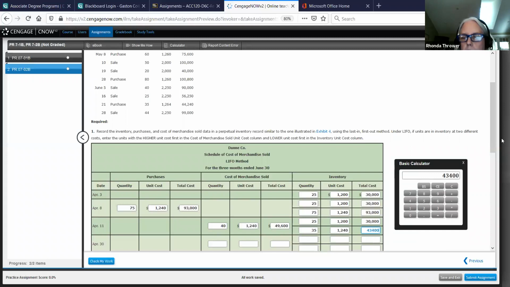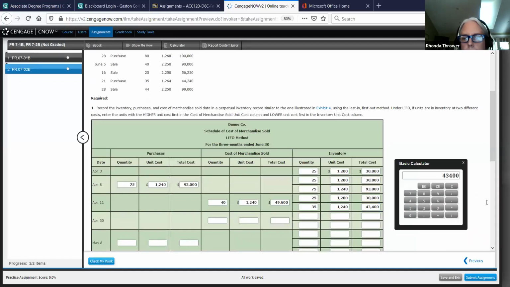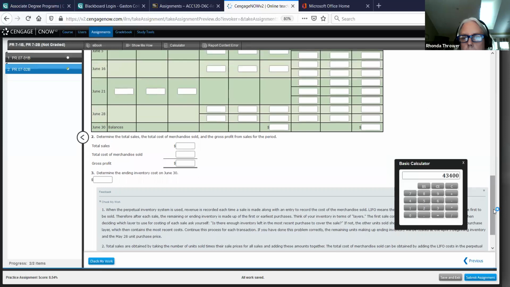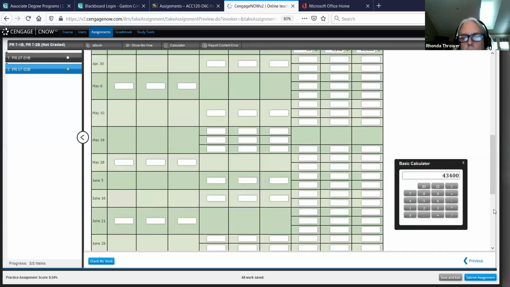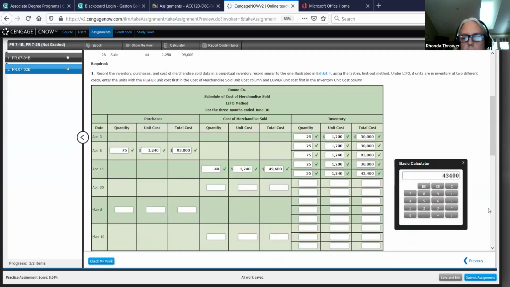And just like we did in the other problem, it's always a good idea to check your work. Just to make sure your math is correct, because if your math is wrong up here, it's going to follow all the way through. And so check your work after each transaction. That's what I would suggest.